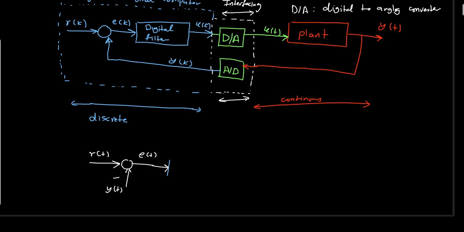So the first thing I will see is the analog to digital converter. After that, I will implement my controller. So this is the controller. Let's assume it is C of Z, and I'm using Z to represent the Z domain or discrete domain. So this is the digital controller.